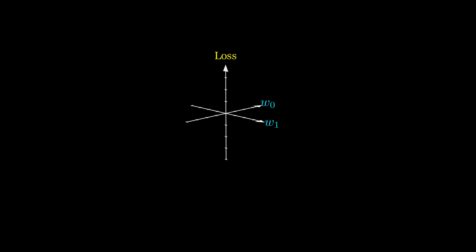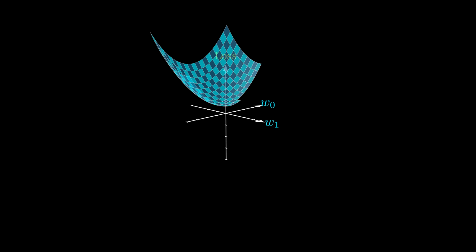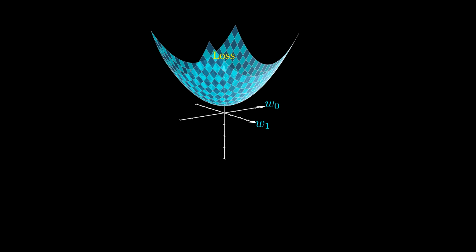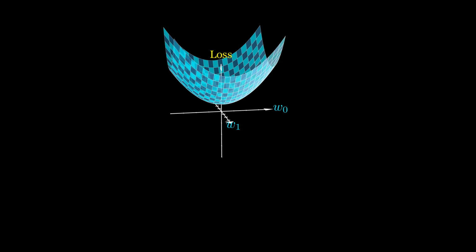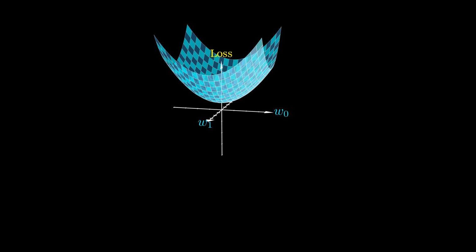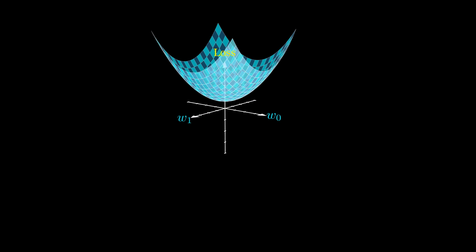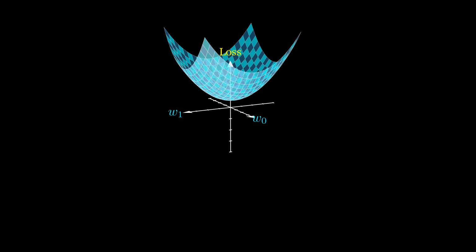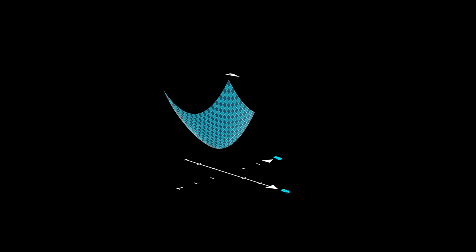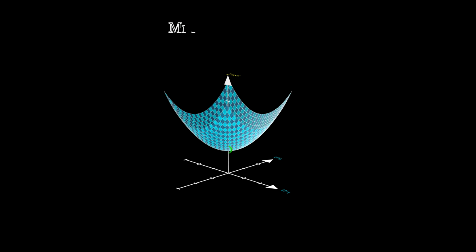Observe the graph. The x-axis represents w1, the y-axis represents w0, and the z-axis represents the loss. Take a look at our graph. The specific point on our graph represents the minimum loss point, where the loss reaches its lowest possible value.